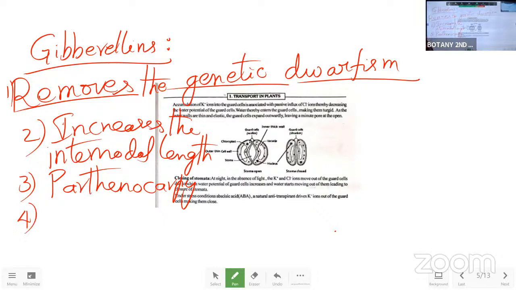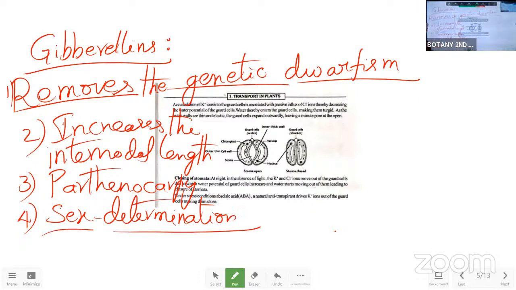And the fourth one is sex determination. It changes the sex of the flowers in some plants, so that it will be very useful in growing rose flowers. Okay, and in pineapple also it can be used very easily for the production of pineapples.